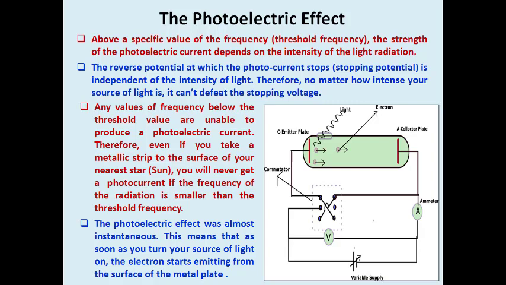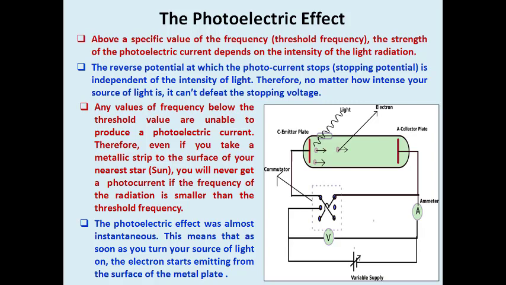In the case where you apply the reverse potential, meaning the emitter positive and the collector negative, using a commutator, even if the frequency applied to the emitter is more than the threshold frequency, the electrons couldn't travel towards the collector because of the reverse potential.